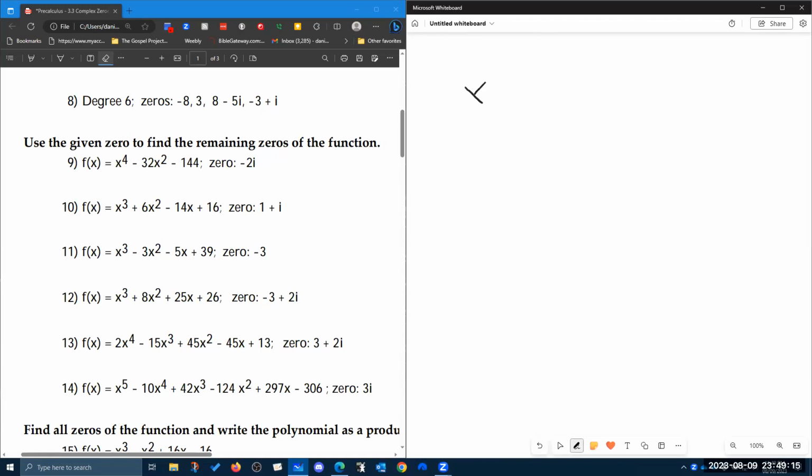Let's try x cubed minus 3x squared minus 5x plus 39. They were nice and gave us a real zero this time that we can just use with synthetic division.